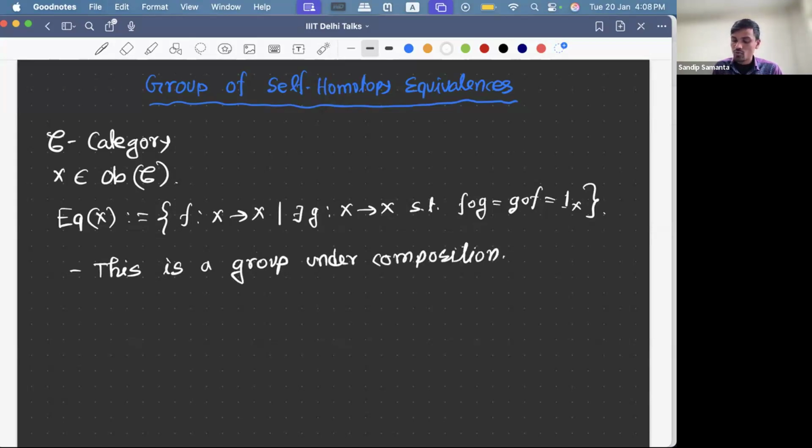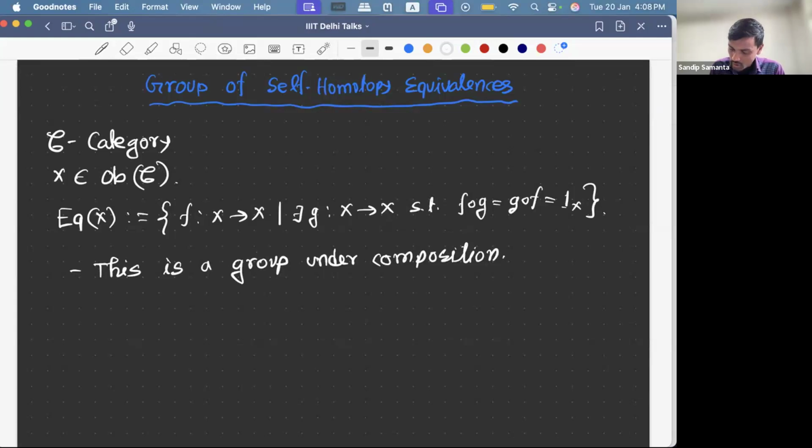If we have two morphisms, say F1 and F2, then we can compose them, because for F1 and F2 you will correspondingly get some G1 and G2, which are their inverses in this category. And if I take G2 compose G1, then it is the corresponding inverse of F1 compose F2, right? So it's a group, with the identity element being the identity map on X.